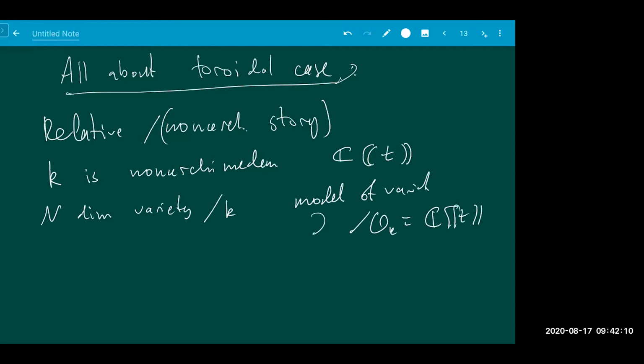Oh, sorry, I used the wrong letter X before. It's called X0, over the ring of integers. If we are in characteristic 0, one can assume that we have a divisor with normal crossing. And then one can make a certain model of my variety, which maps to this spectrum of C[[t]].